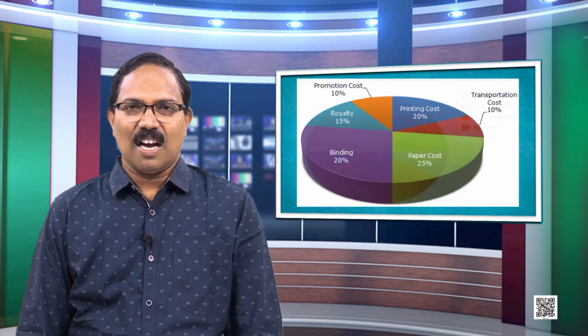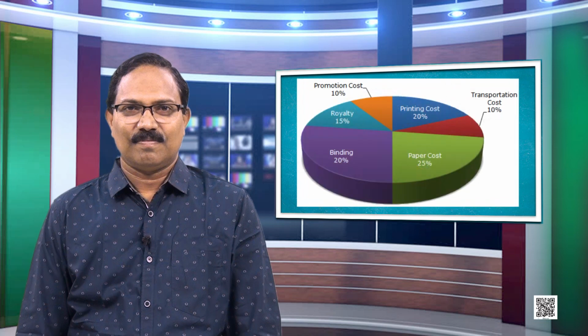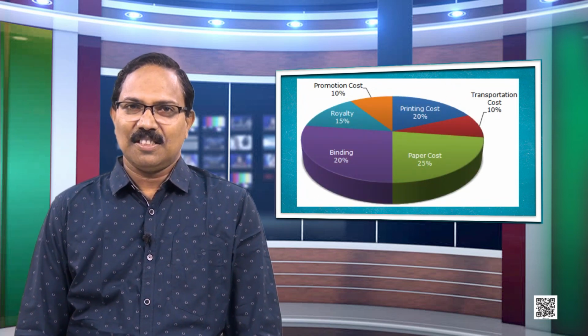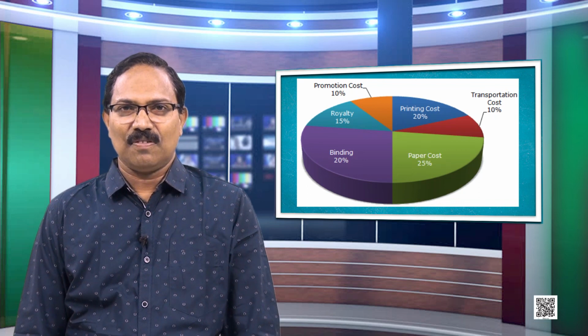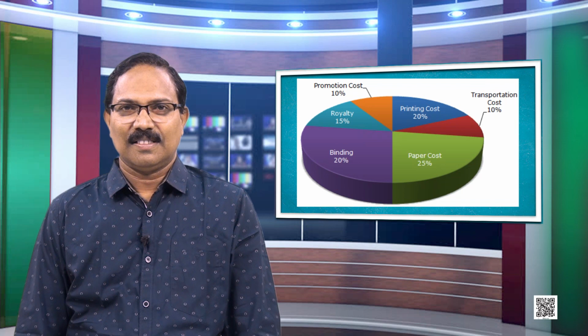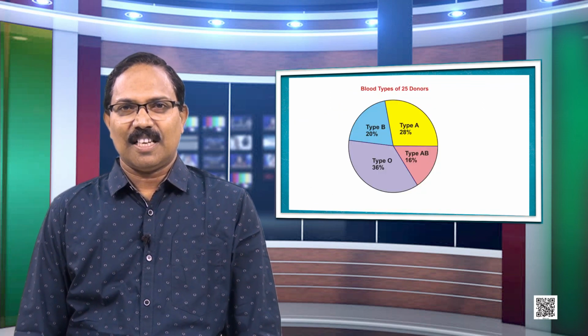Look into these graphs given here. What type of graph is this? You know? What is the shape of this particular graph? First one, circle. Second one, circle. Third one, again circle.